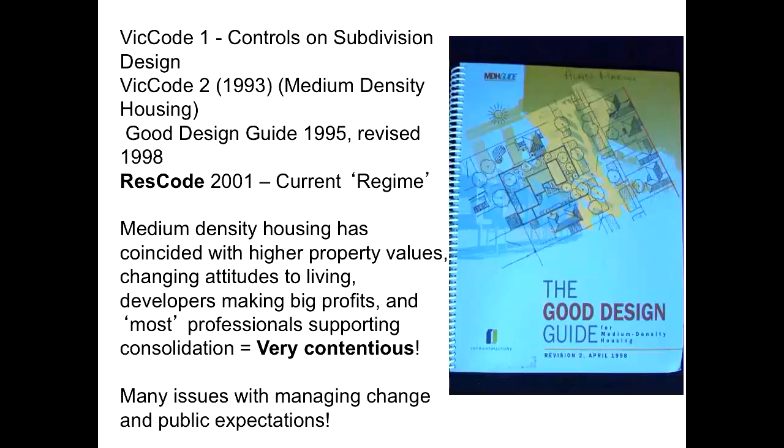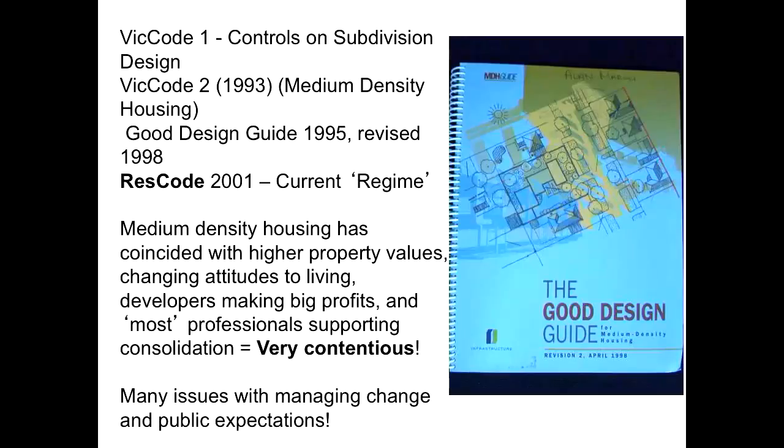Nowadays, we think that's nothing. You should see what's happening next to me with medium, high, and high-rise redevelopment. But this is just the way planning works, and the tensions that come out. It's dealing between the politics and the cultural expectations and the technical matters that planners and indeed others are faced with. So a few changes occurred over time.